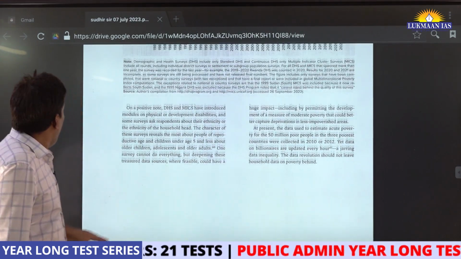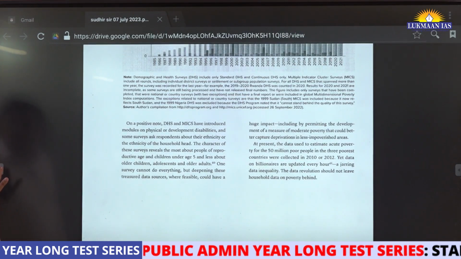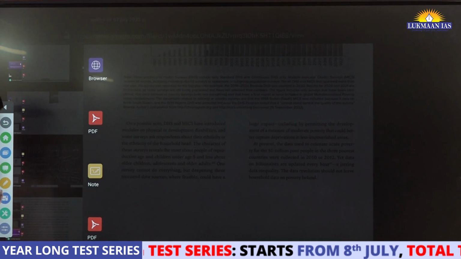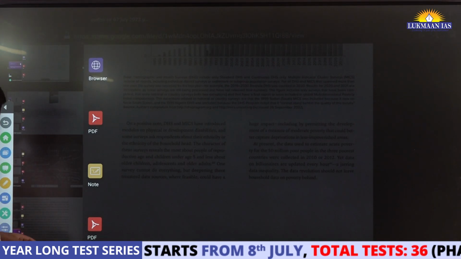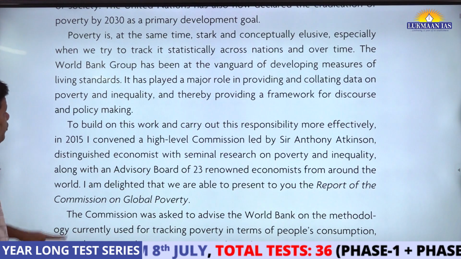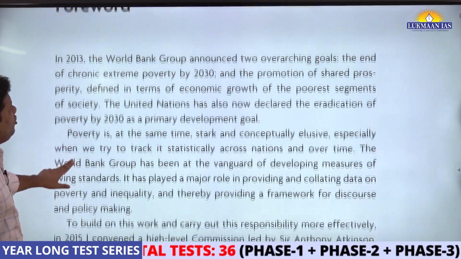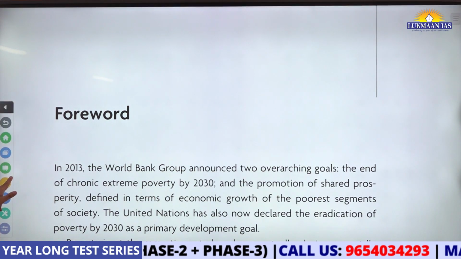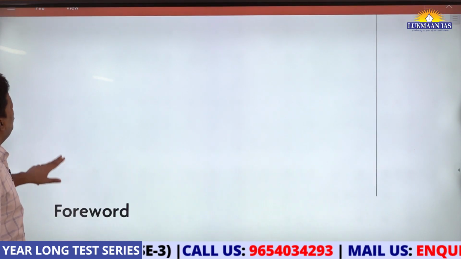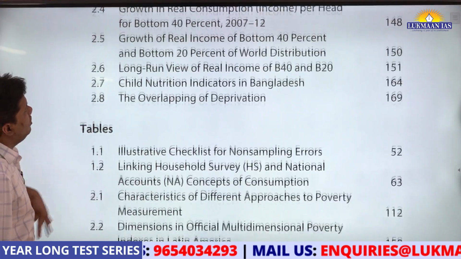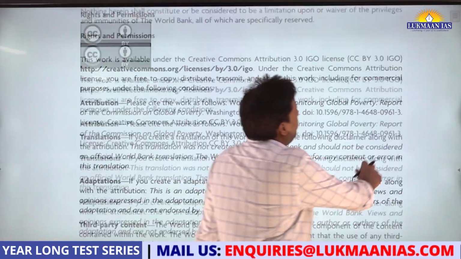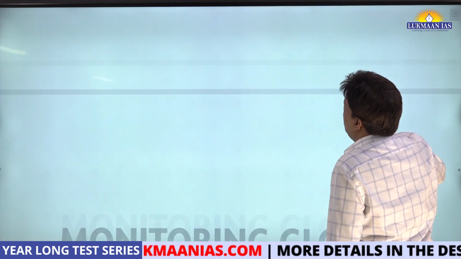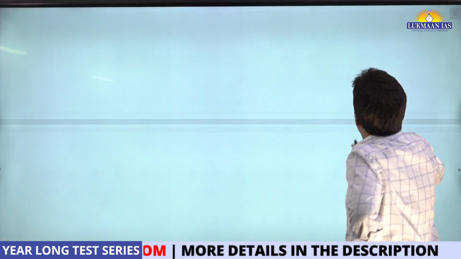Now, one more thing I want to share with you. You can read any report. It's not necessary that you read this report to write a good answer. But if you are studying poverty, try to invest some time in this report. This was the Atkinson World Bank report, and you can get it from the World Bank website.